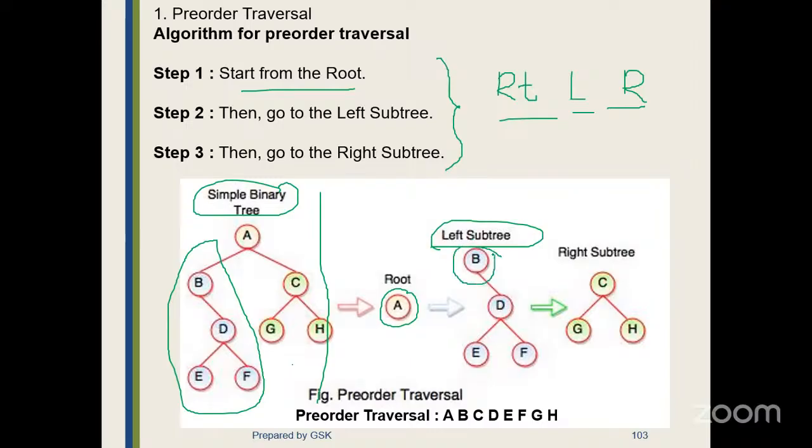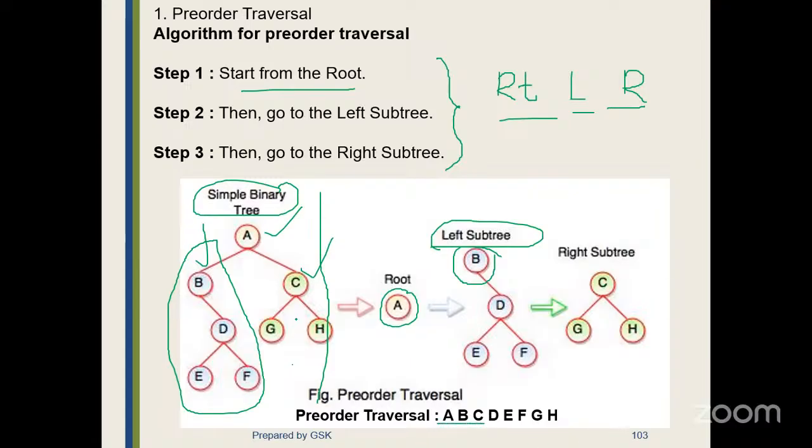B. After that, go to the right node for the root node. So this is the first one, root, left, right: A, B, C.